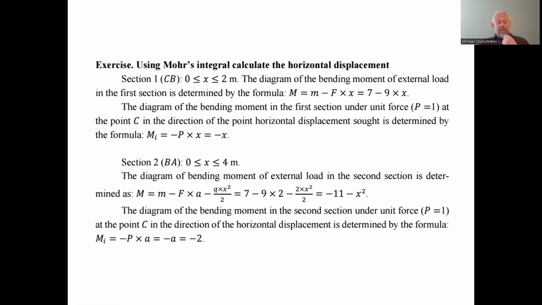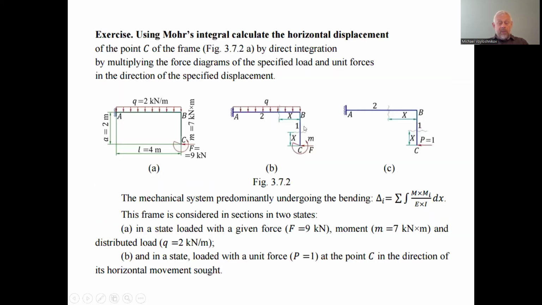The diagram of bending moment of the external load in the second section, in the second element, is determined as this moment by the rigid connection of two elements. This moment is transmitted to the second rod of the mechanical system.